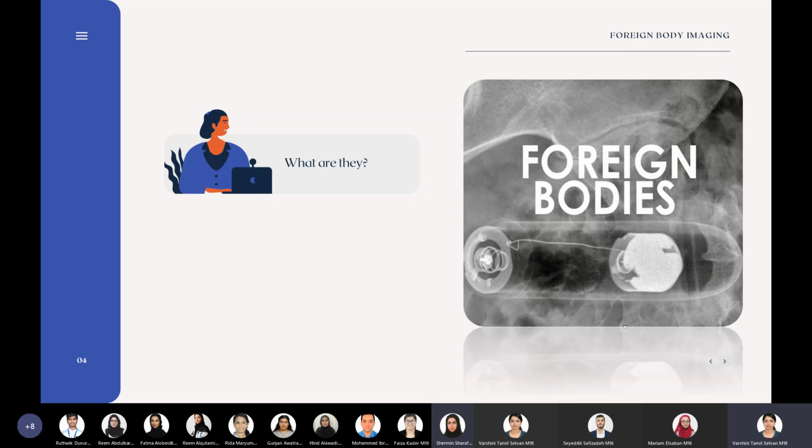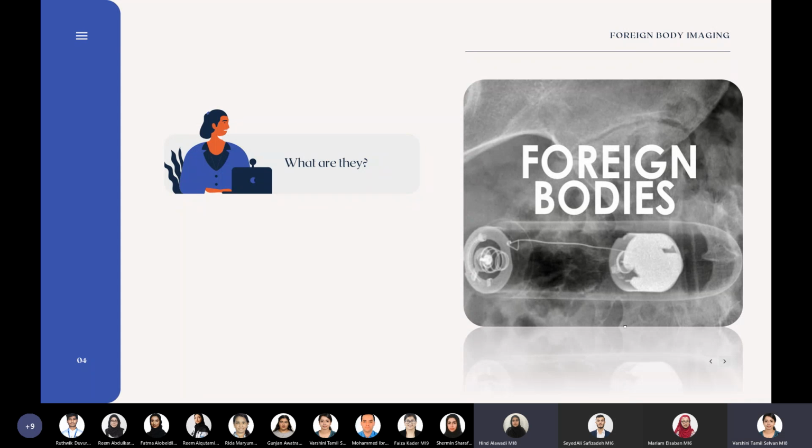Okay, yeah, we see it now. Okay, no worries. So what do you guys think are foreign bodies? Give it a try. Okay. Hi, Varshini. I think foreign body is anything that's outside or not supposed to be inside the human body. So yeah, maybe something they've ingested, like something a child could have ingested, for example.